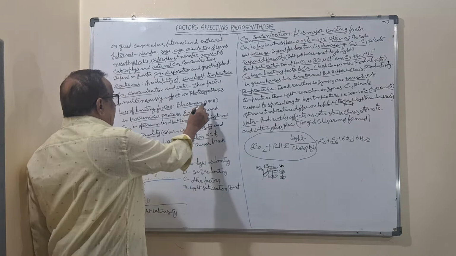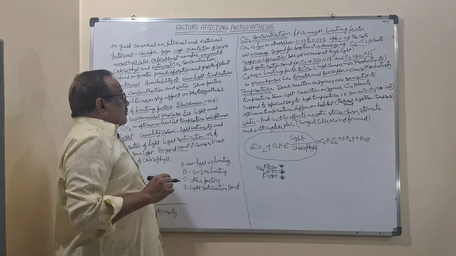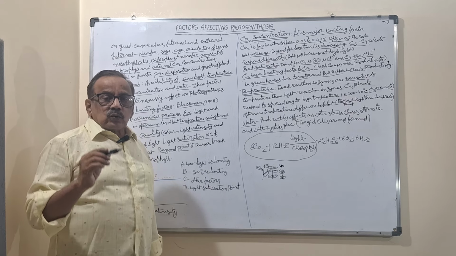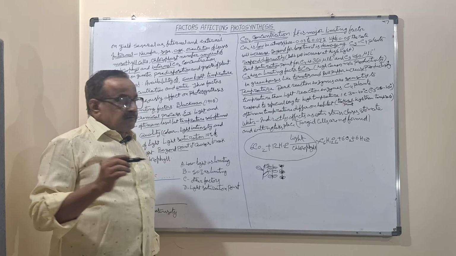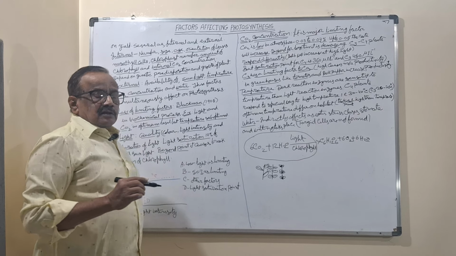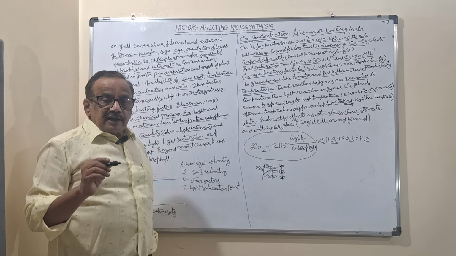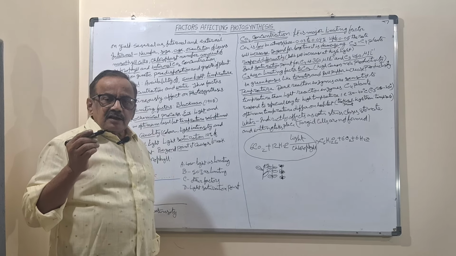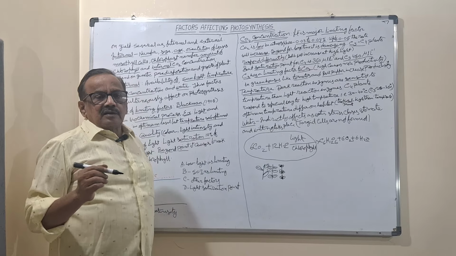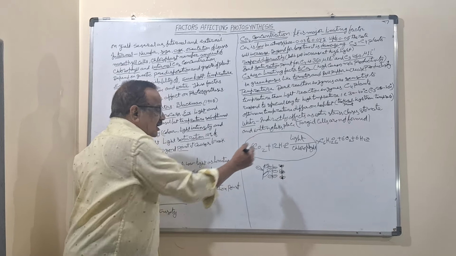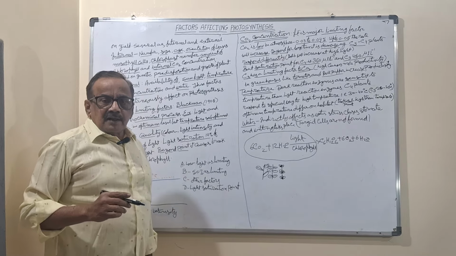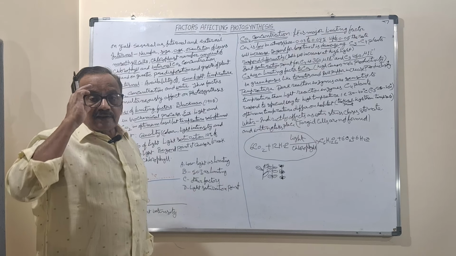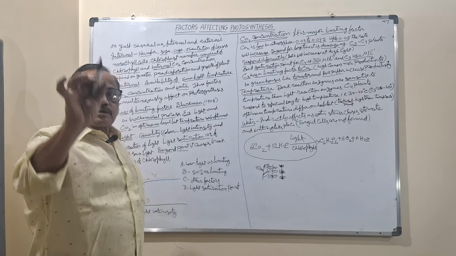Blackman, in 1905, explained that in a biochemical process, when more than two factors are present, the one factor which is at a suboptimum level, optimum level meaning the required level, below the required level, that may be carbon dioxide, water, light, or temperature, will act as the limiting factor, meaning it will limit the rate of photosynthesis.